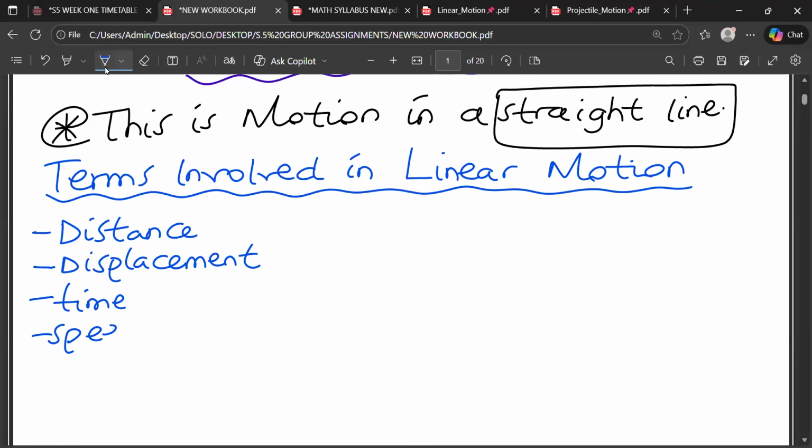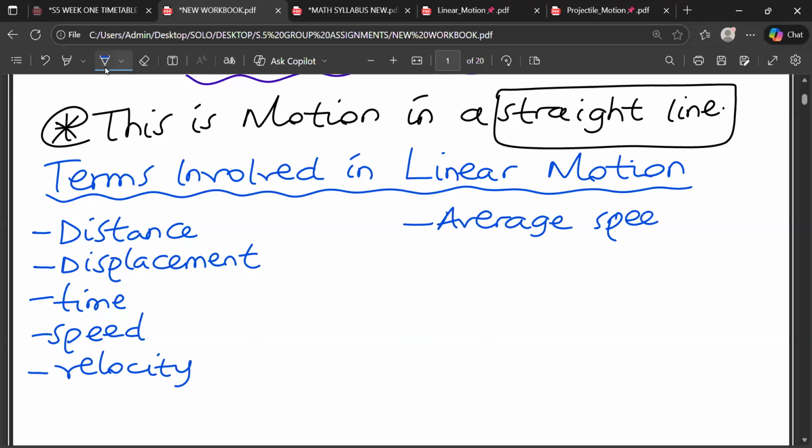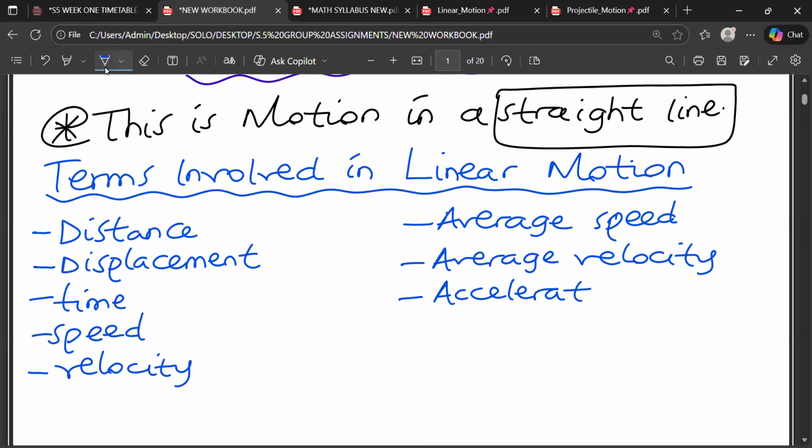Then we have speed, velocity, average speed, average velocity, and acceleration, which can be a constant.